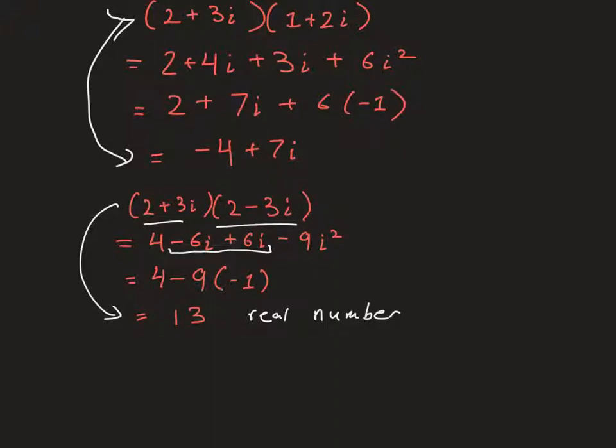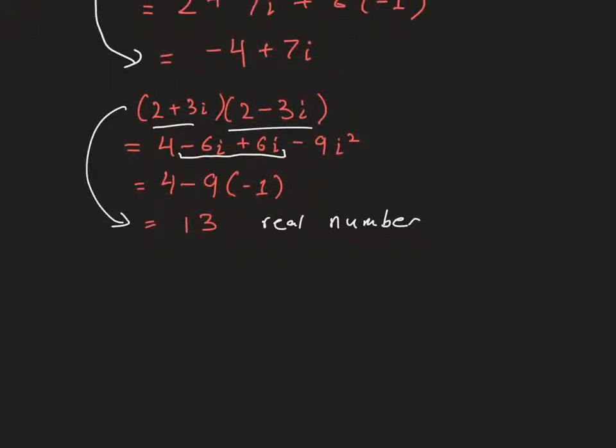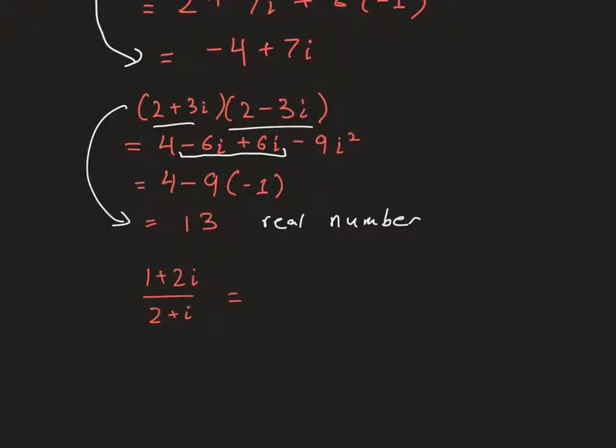Okay, so now let's use that idea to divide complex numbers. So let's try that with the numbers 1 plus 2i, and you divide that by 2 plus i. So we know this, we can multiply the numerator and the denominator by a fraction.